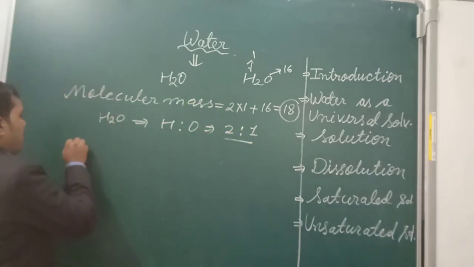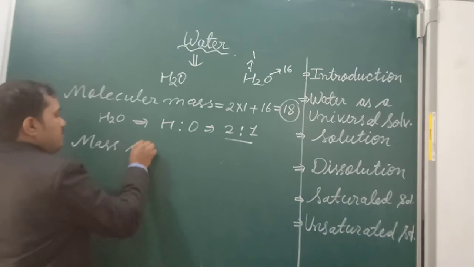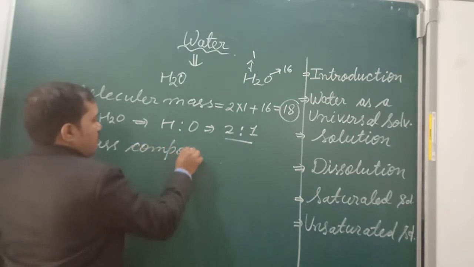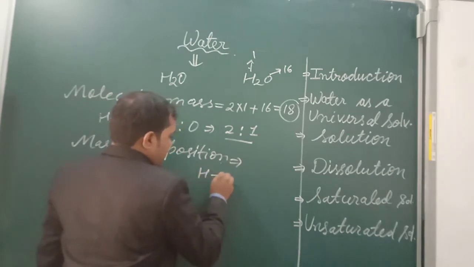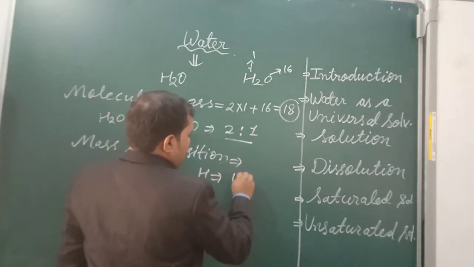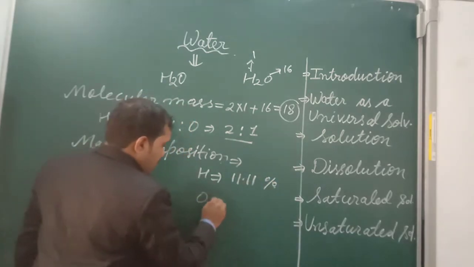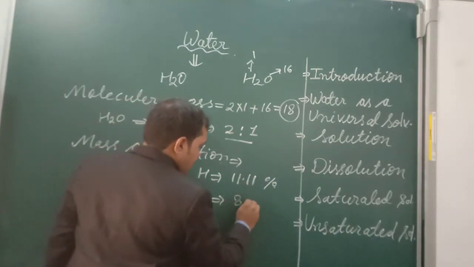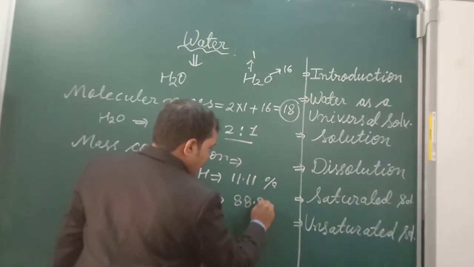In the form of mass composition, hydrogen present is 11.11%, whereas oxygen present is how much percent, my dear?